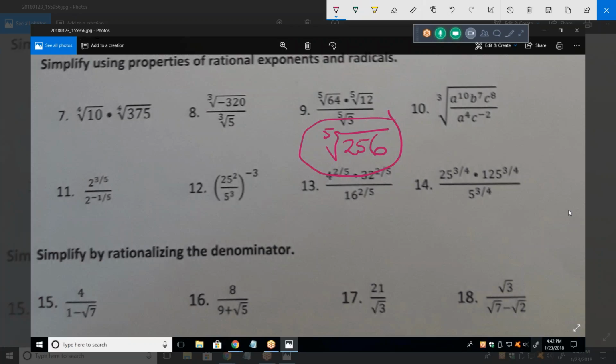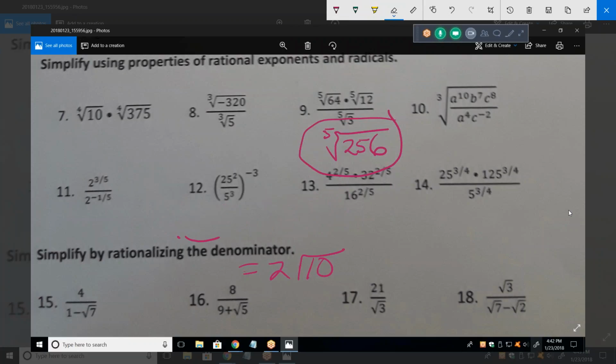If I say take the square root of 40, I can break that up into the square root of 10 times the square root of 4, and then that becomes 2. So your answer becomes 2 root 10. And my whole goal was to find 2 factors of 40, one of which was a perfect square number.